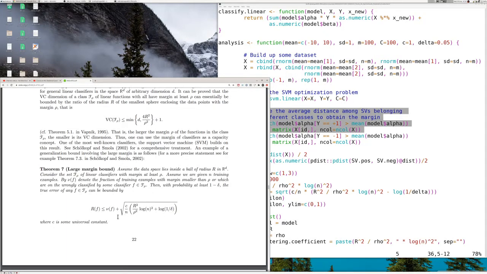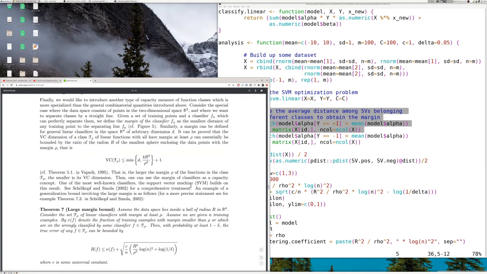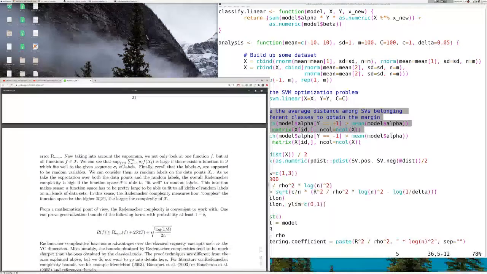This is the bound we can use to understand. Here we've got the empirical risk, and here we've got the term epsilon. Probably you guys remember that term epsilon.